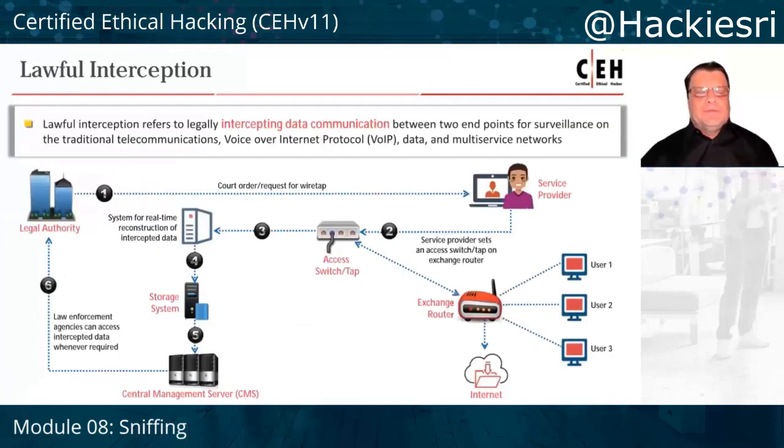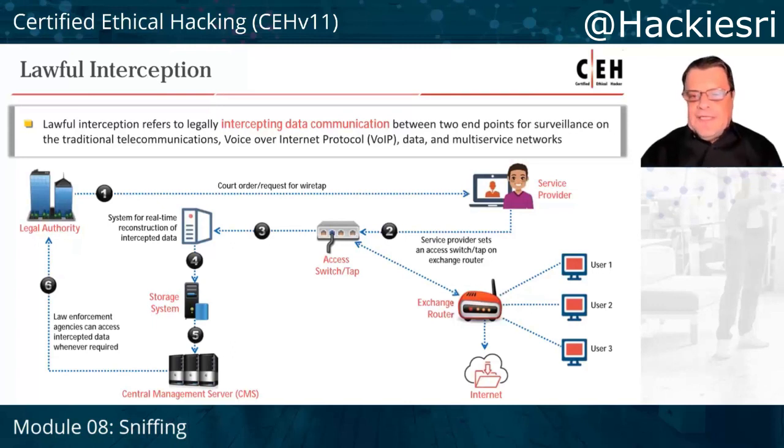Lawful interception. Lawful interception refers to legally intercepting data communication between two endpoints for surveillance on traditional telecommunications channels, voice over internet protocols, data, and multi-service networks. As we see in the diagram, upper left, we have the legal authority, presumably law enforcement. They obtain a court order request for wiretapping. This is then presented to the service provider, such as an internet service provider.